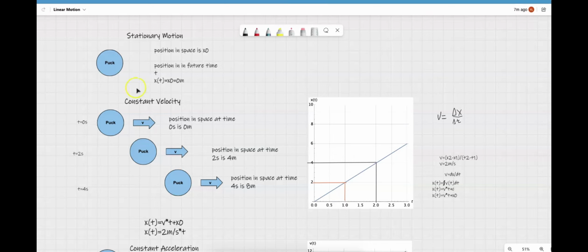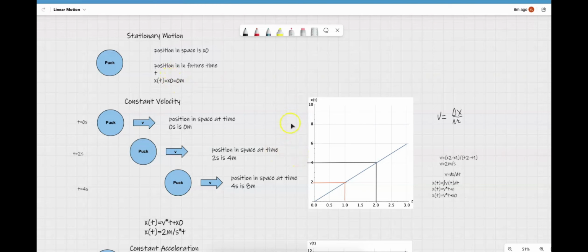We're measuring it off some established origin point. And any position in future time, it's not moving, so it's just going to stay at the same position x naught, and I'm going to establish the origin as this vertical line as x naught of 0 meters. So that's the simplest case, but it's not very interesting.